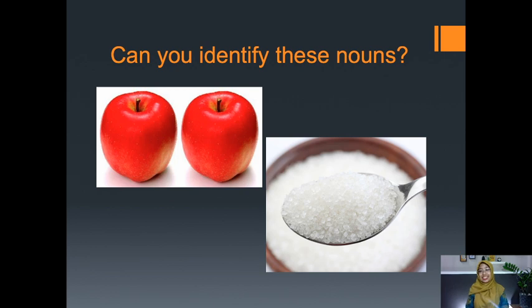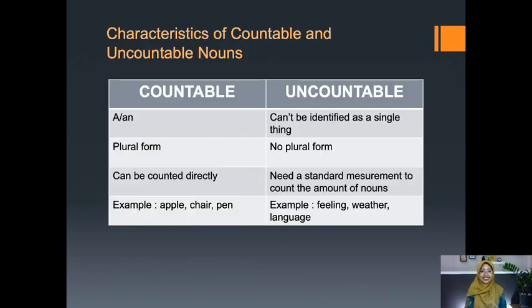So, can you define what countable and uncountable noun are? Of course you can. So, here are the characteristics of countable and uncountable noun. If you see a countable noun, you can use a or an. Why?